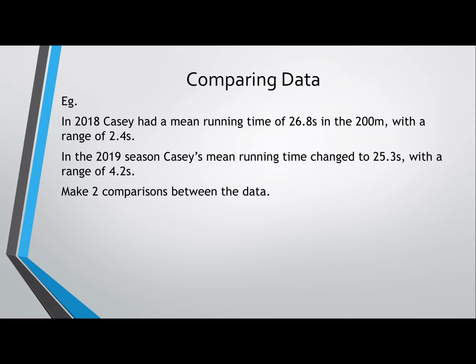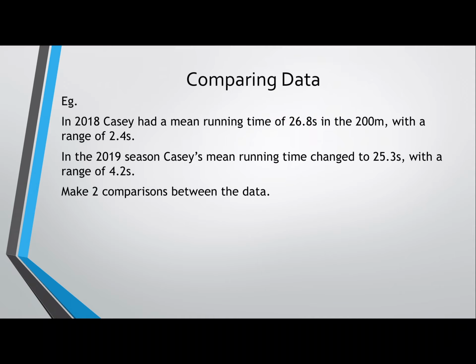So looking at the times, in 2018 our time is 26.8. In 2019 the time is 25.3. So we can see the time has gone down, but like I said on the previous slide, that is not enough information. What we need to do is make a comment on what that actually means. And we need to start with "on average".